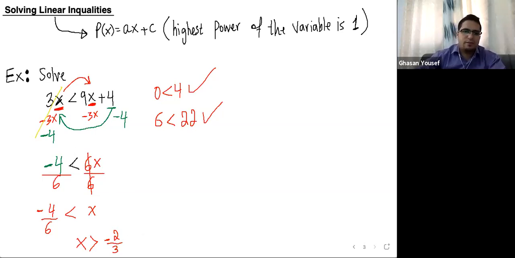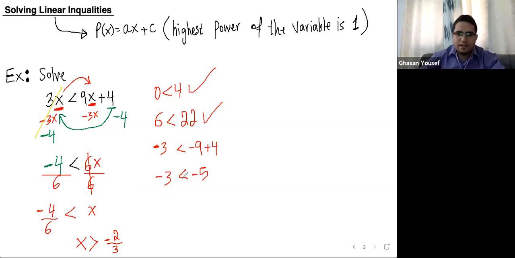Plug the minus 1 into this inequality. 3 times minus 1 is minus 3, less than 9 times minus 1, which is minus 9, plus 4. Simplify: minus 9 plus 4 is minus 5.